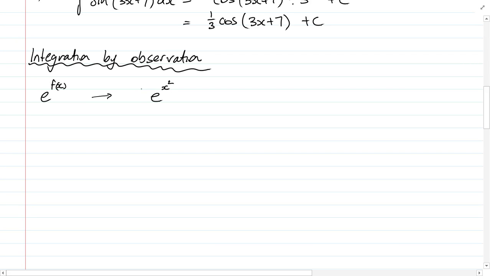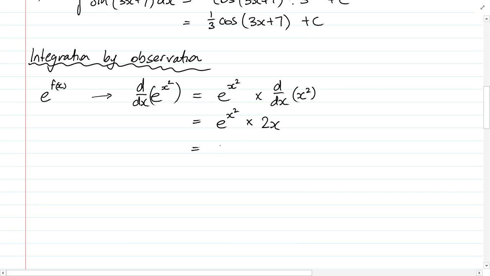And let's say we derived that function, d/dx of e to the power of x squared is equal to e to the power of x squared again. That's how our function e^x works. But we have to multiply by the derivative of the inside function. So this is the chain rule. And so that equals e to the power of x squared times 2x, or 2x e to the power of x squared.